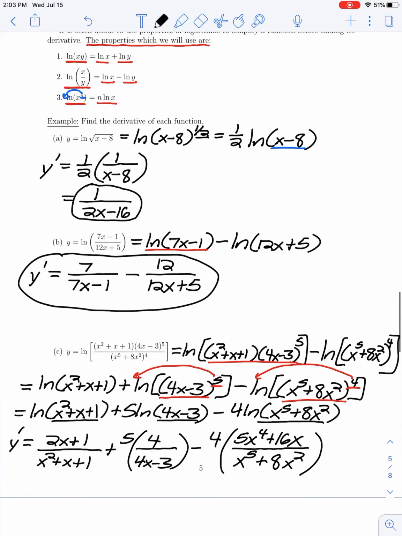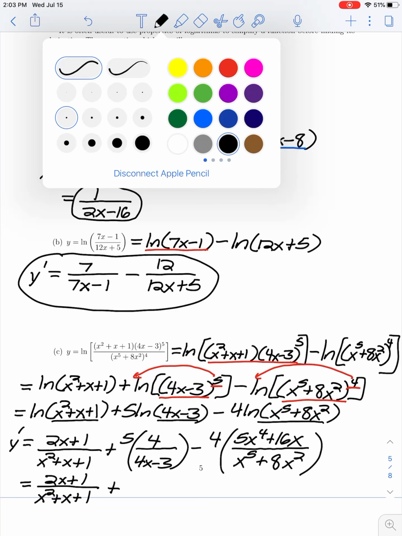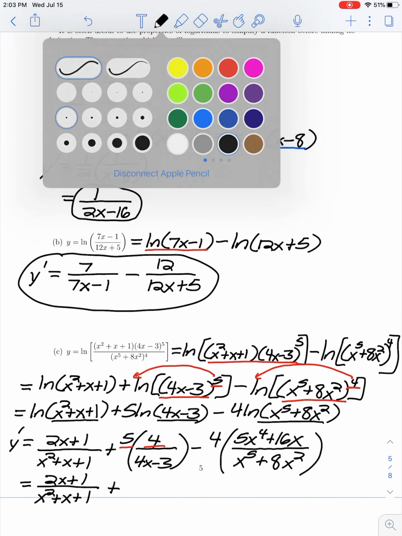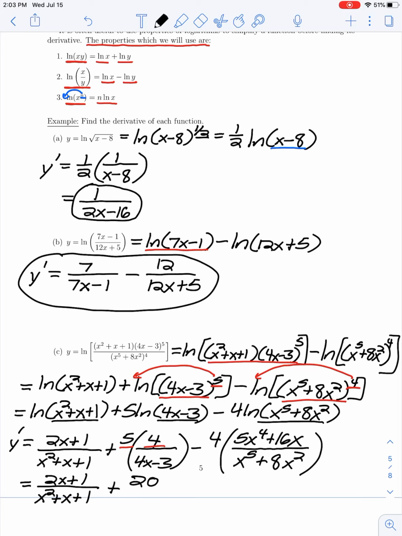And simplifying just a little bit to finish out the problem, well, I have a 2x plus 1 divided by x squared plus x plus 1, plus for my second term, the 5 times 4 will give me a numerator of 20, which I'm then dividing by 4x minus 3.